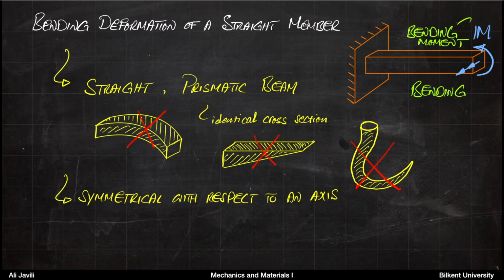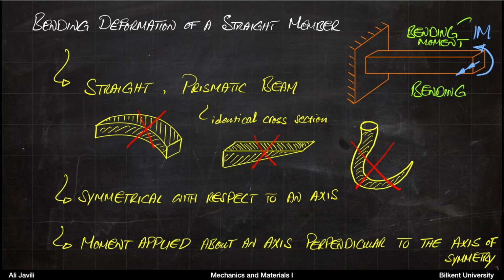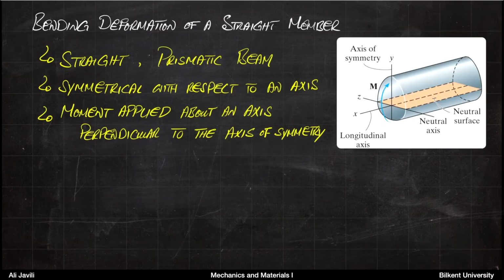Also, we assume that the beam must be symmetric with respect to one axis at least. So it's symmetrical with respect to an axis, and then you apply a moment about an axis perpendicular to the axis of symmetry. You will see this in this picture.